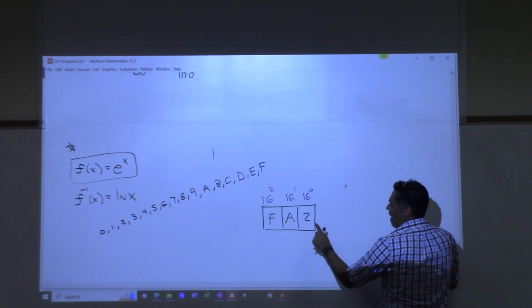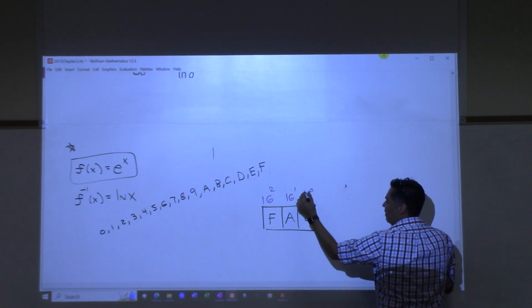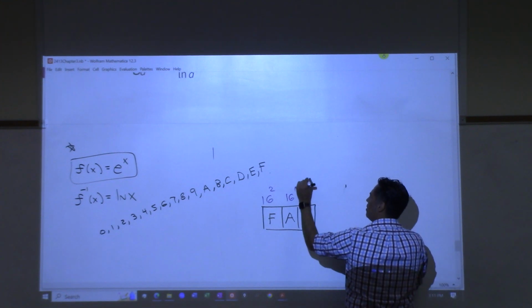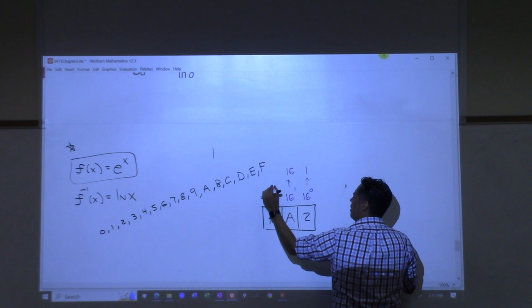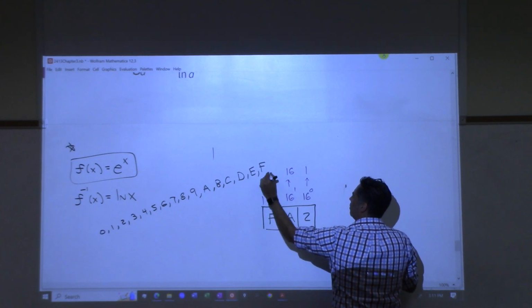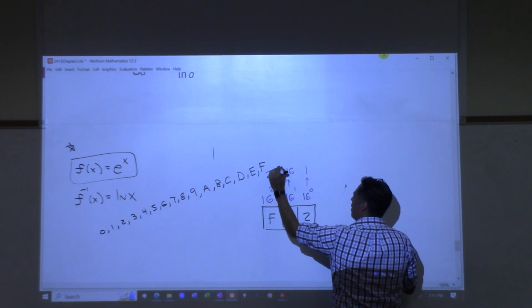Let me see what these are. This is 1. This is 16. And this one is, what's 16 squared? 256. I don't know why I was thinking 289.